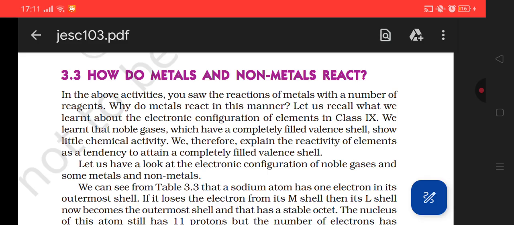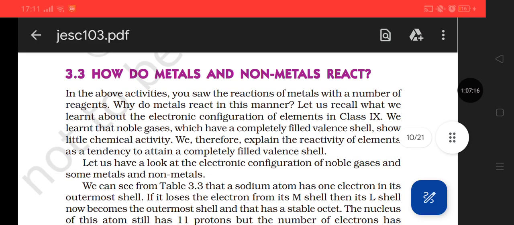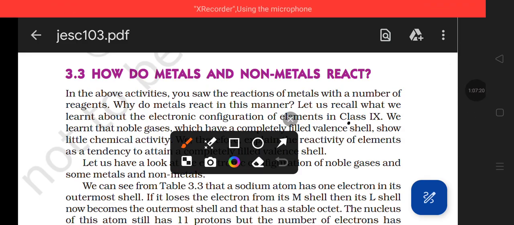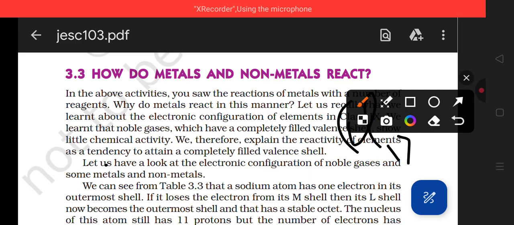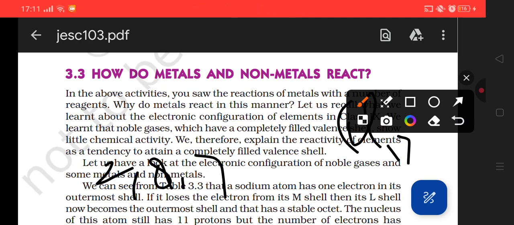I'm not talking about only metals, but also non-metals. For example, chlorine is a non-metal. Chlorine's atomic number is 17. Its electronic configuration becomes 2, 8, 7. It needs one electron to complete its last valence shell.